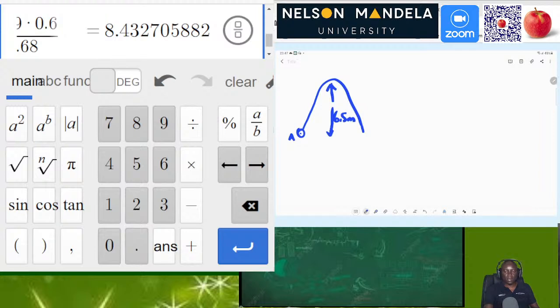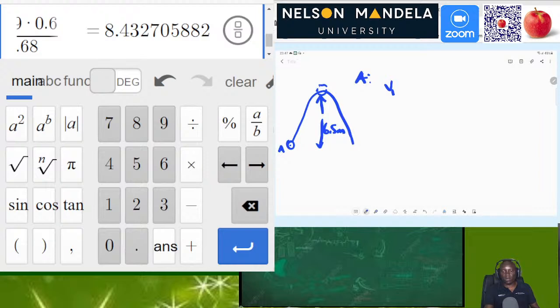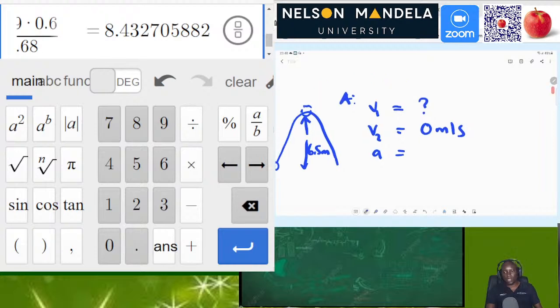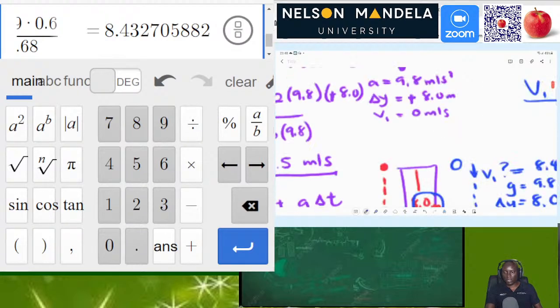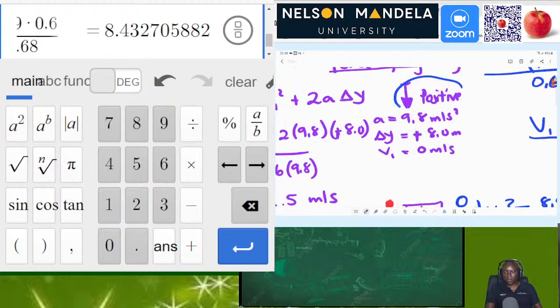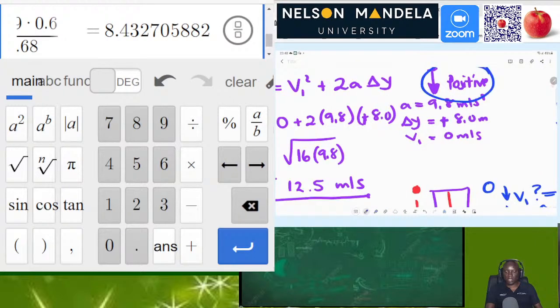Okay. So now v1 for A, we're dealing with A. v1 is something we don't know, but v2 is the final velocity, which will be 0. Acceleration: we'll maintain again that downward is positive. Did we say that downward is positive? We said that here and maintained the same throughout.